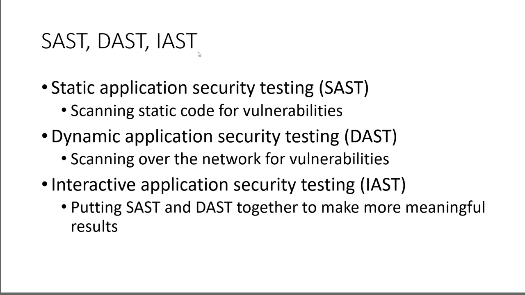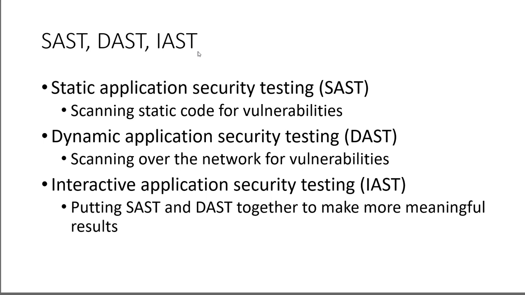So obviously we need to have access to the source code of the application, and we would go through the code and identify any possible vulnerability within the code. So if we have defined variables in a risky way, or if we have hard-coded passwords or hard-coded sensitive information, those are the ones that would be picked up by a SAST solution.